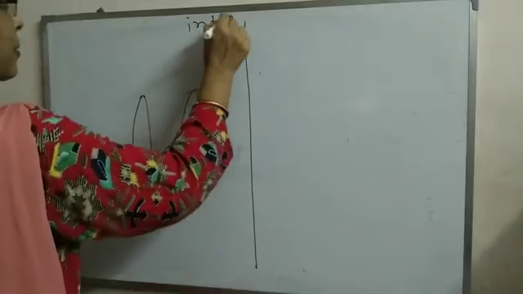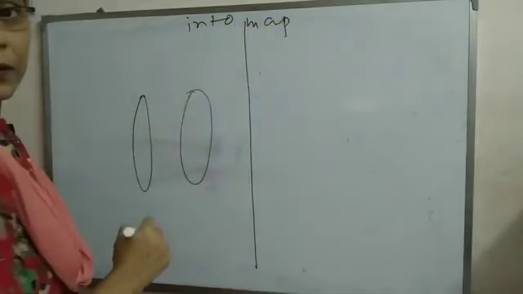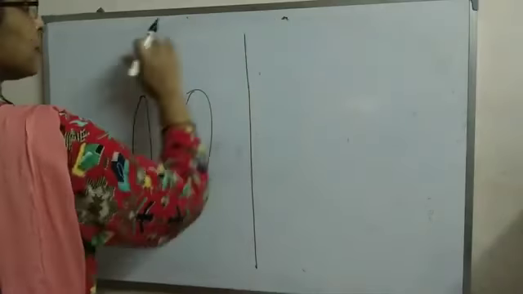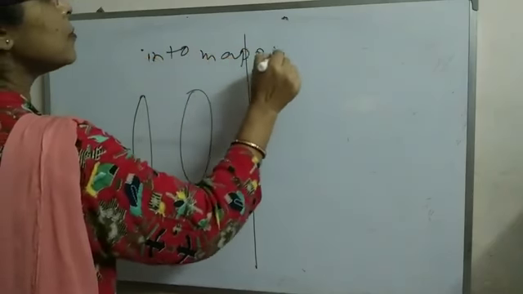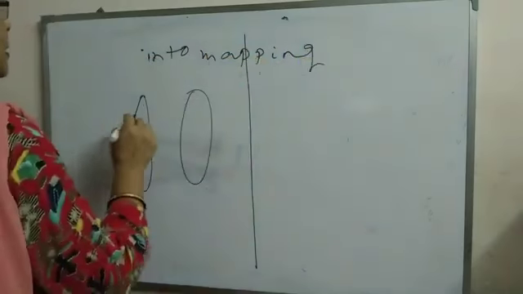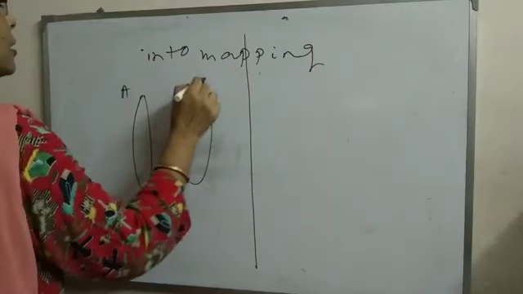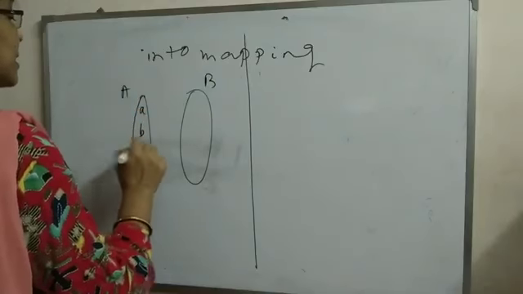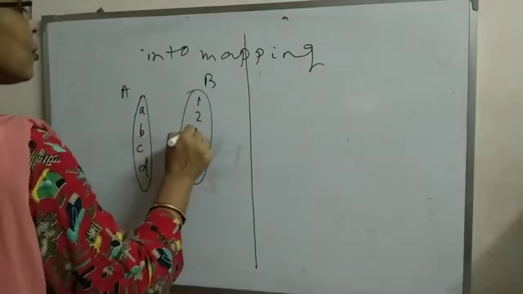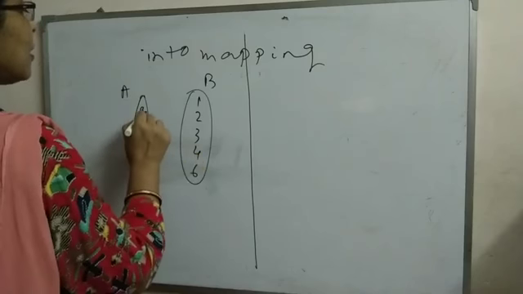Into mapping. Here two sets are A and B. A: a, b, c, d; B: 1, 2, 3, 4, 6.